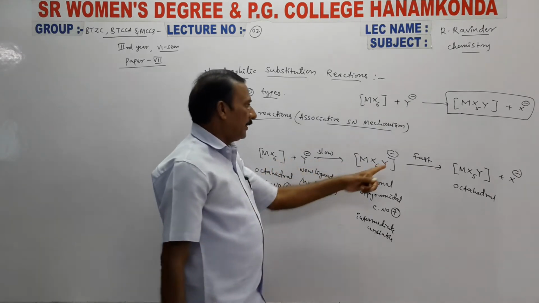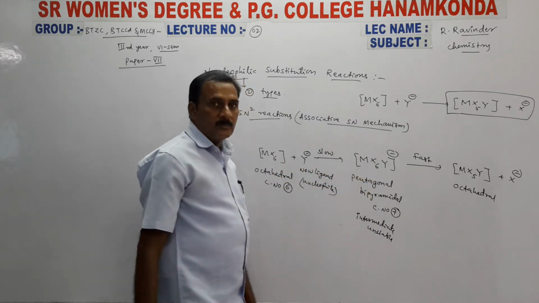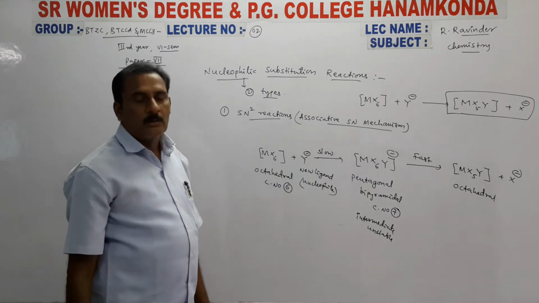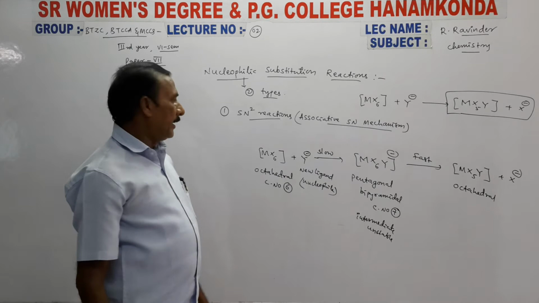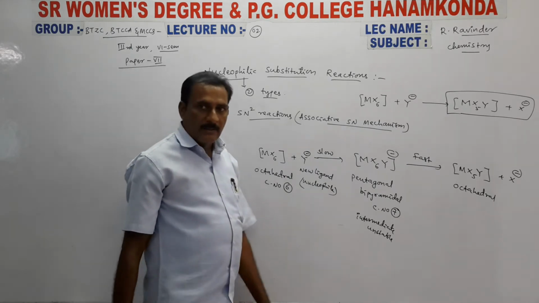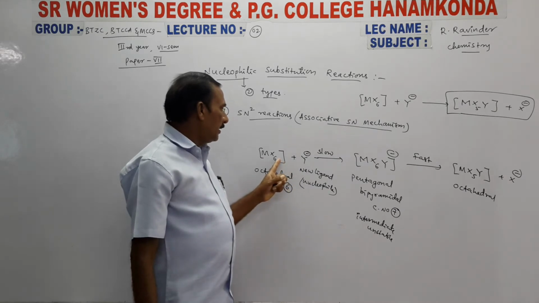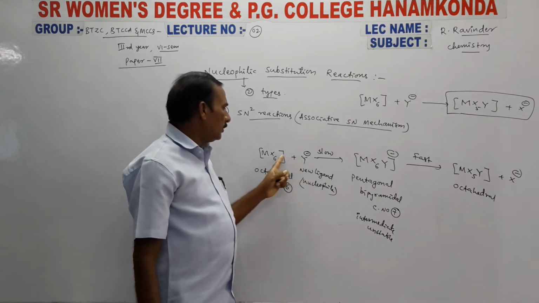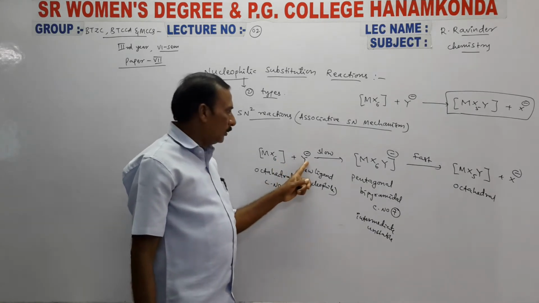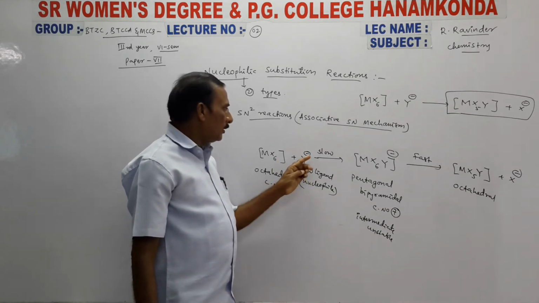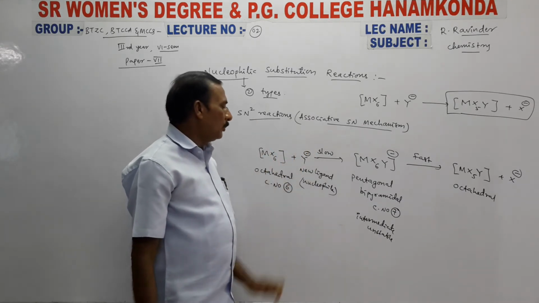Here the rate of the reaction, according to SN2, is a second order reaction. How can we define a bimolecular reaction? The rate of the reaction depends upon the concentration of two reactant molecules, before the slow step. This is called the SN2 mechanism.